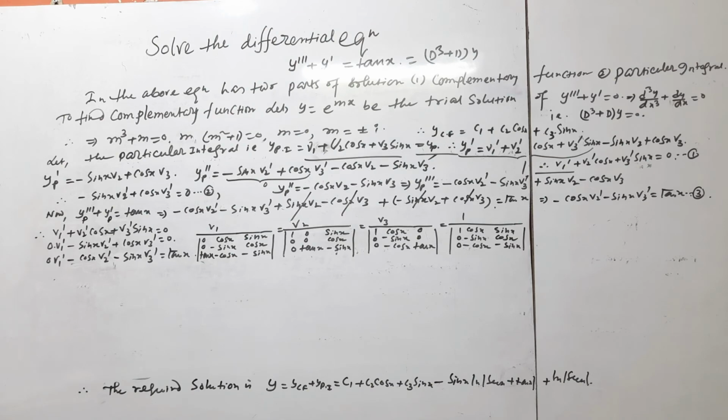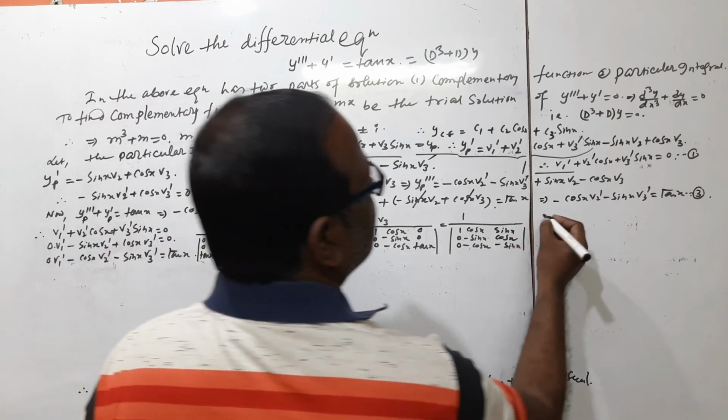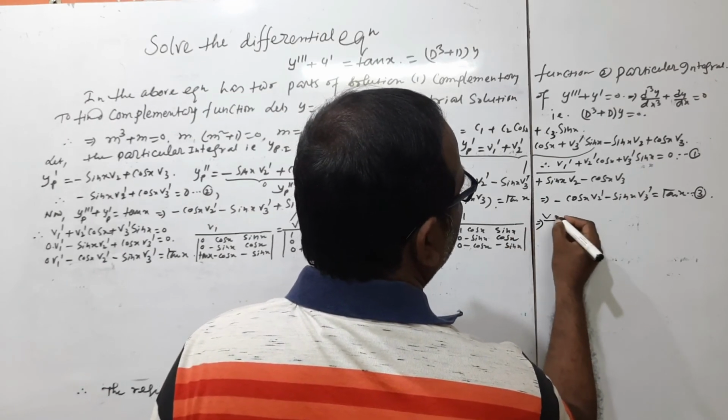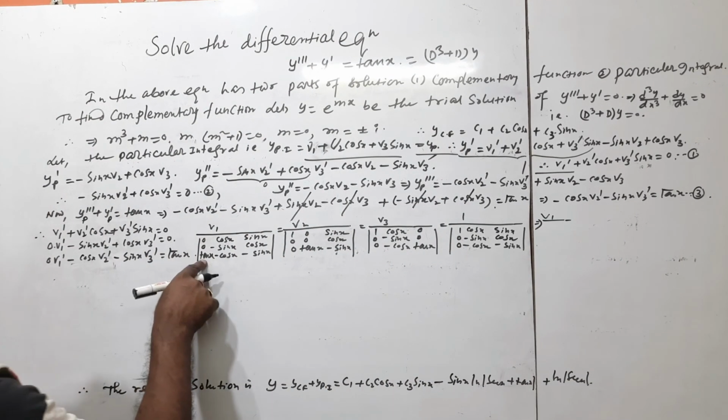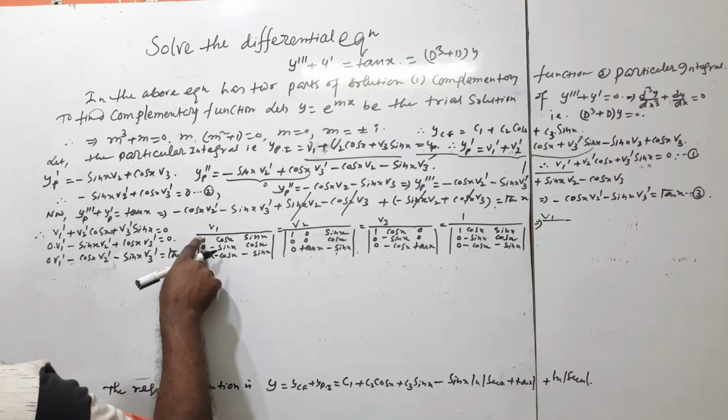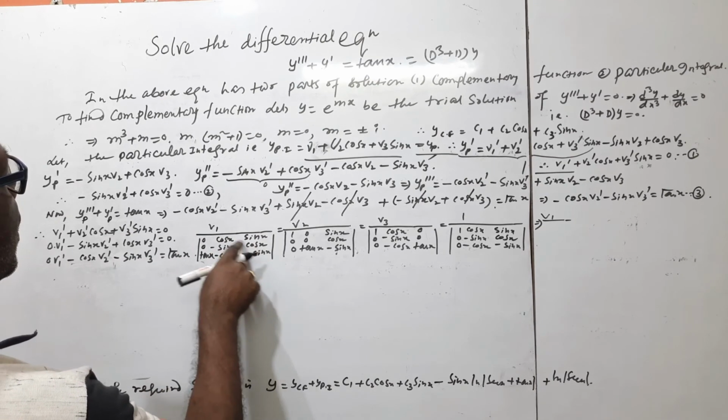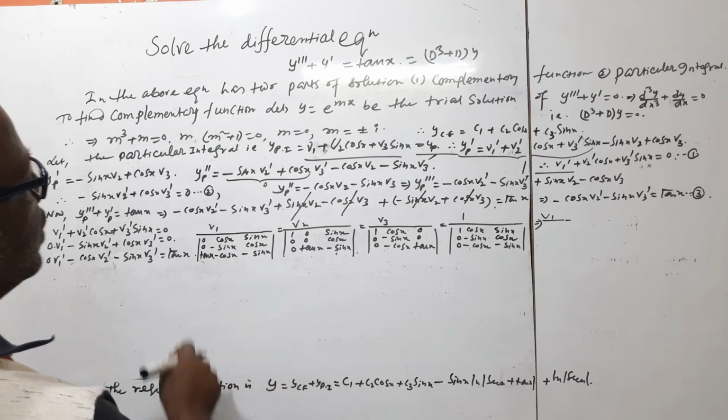so from this it implies that v1' over, if we expand, this is tan x, and if we multiply with this sin square plus cos square plus sin square, this is only tan x.